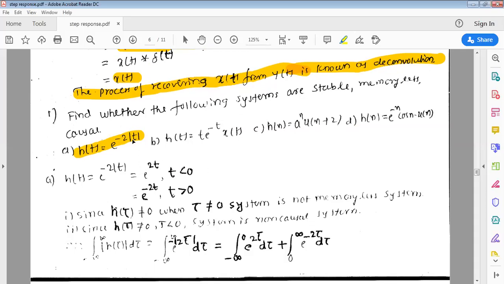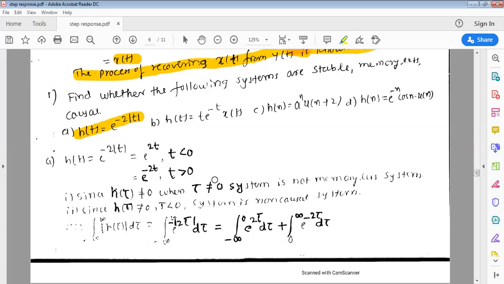You see here it is mod of t. When t is more than 0, mod of t gets replaced by plus t, and mod of t gets replaced by minus t when t is less than 0.